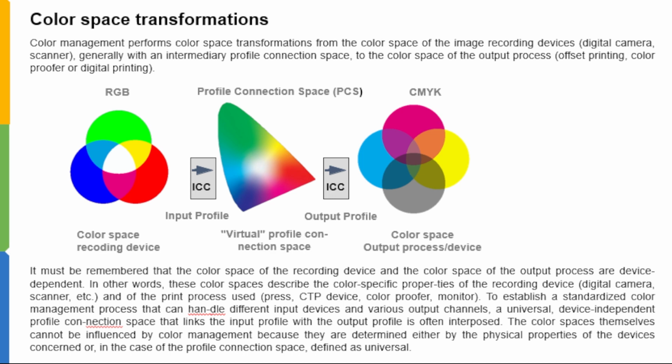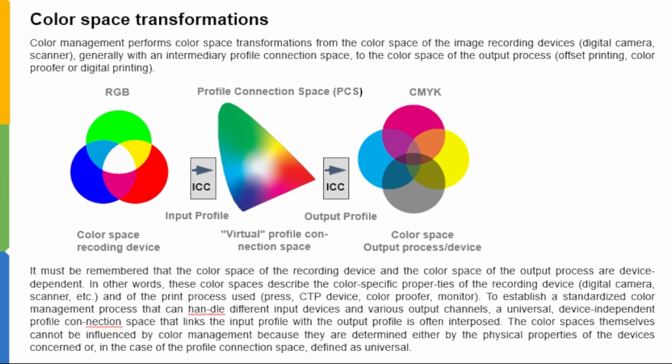Here the picture shows RGB, the input profile to the profile connection space, ICC profiles, CMYK. Color space of the recording device, then the virtual profile connection space, then the color space of the output process device. It will be explained again.